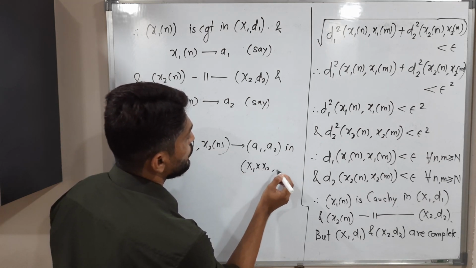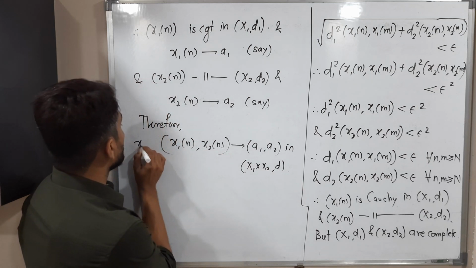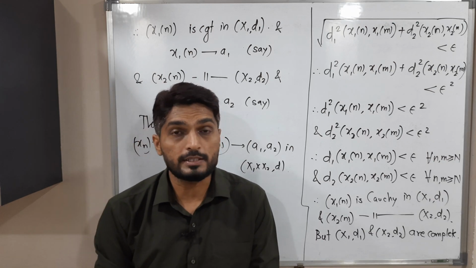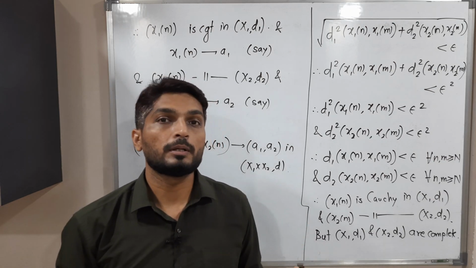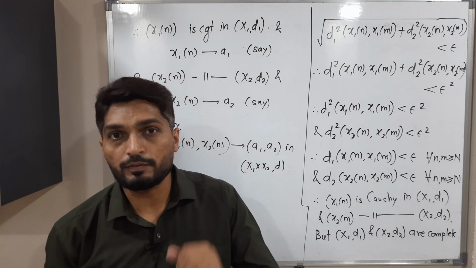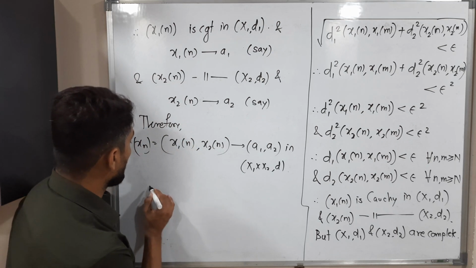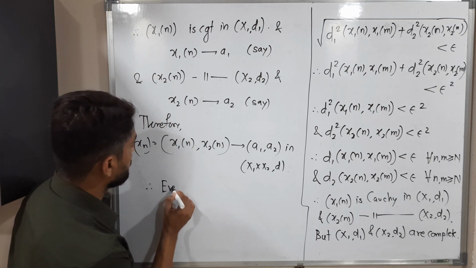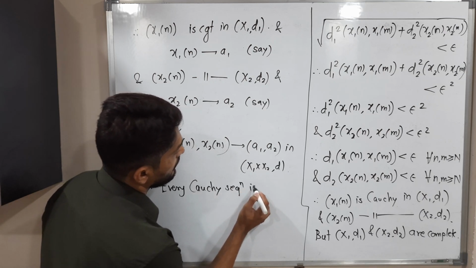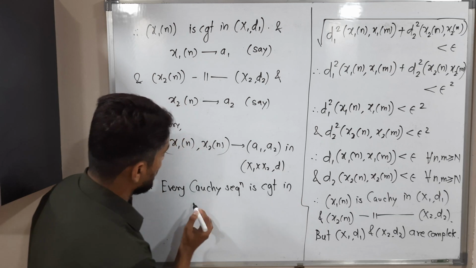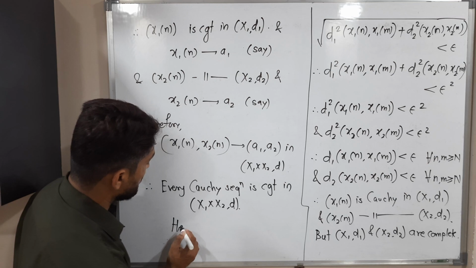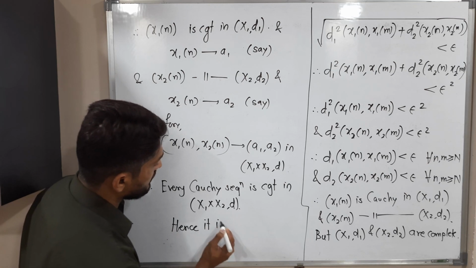In X1 cross X2, d, this is nothing but our sequence xn, right? This is nothing but our sequence xn. So we started with any Cauchy sequence, and what we proved is that it is convergent. Therefore every Cauchy sequence in that metric space is convergent, so that's why we can say it is complete. Therefore every Cauchy sequence is convergent in X1 cross X2, d, hence it is complete.